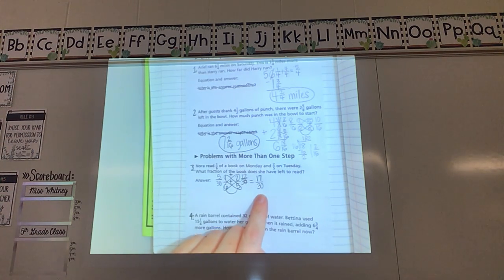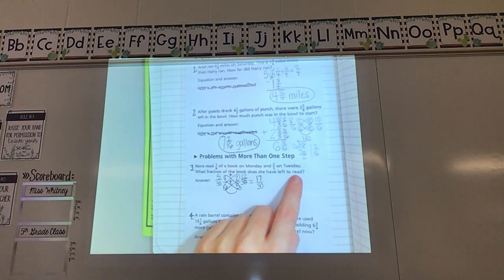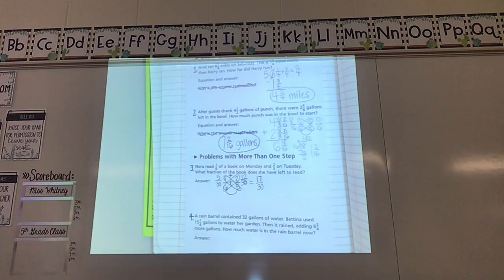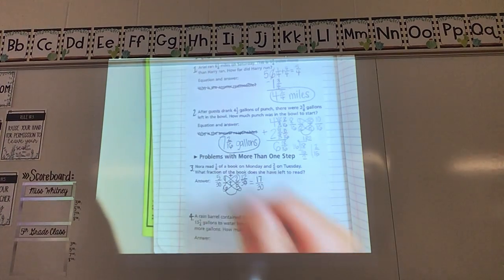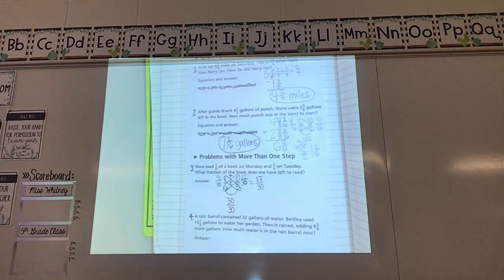But the question says, what fraction of the book does she have left to read? How much more would she have to read the whole book? Well, I'm thinking. 1 whole book would be 30/30. Because remember, 30/30 would be the same as 1 whole. So that would be the whole book.